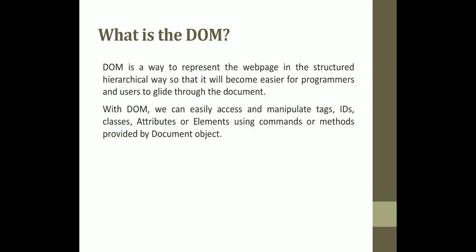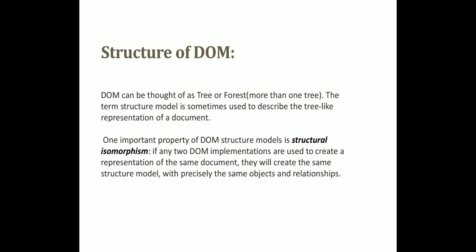So it is just a way to represent a web page in a structured hierarchical way, so that it becomes easier for programmers and users to glide through documents. We have already seen that with the help of the document object model, we can easily access and manipulate tags, IDs, classes, attributes or elements using commands or methods that are provided by the document object.